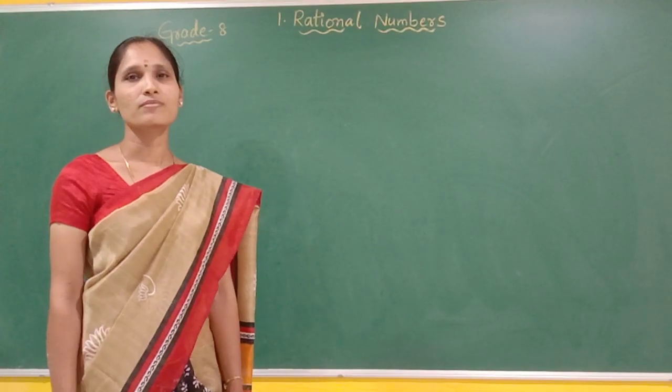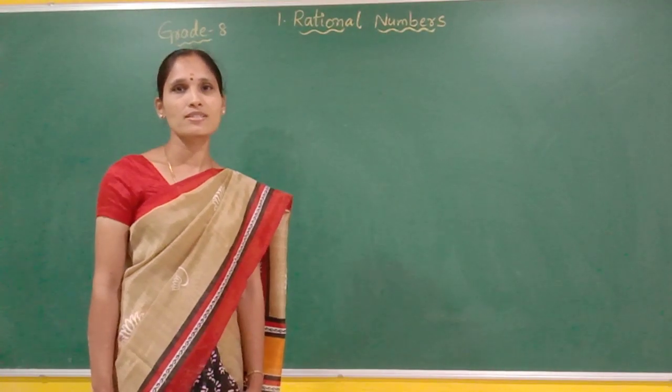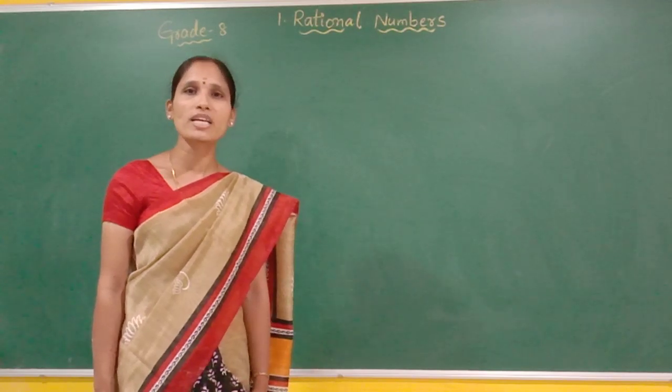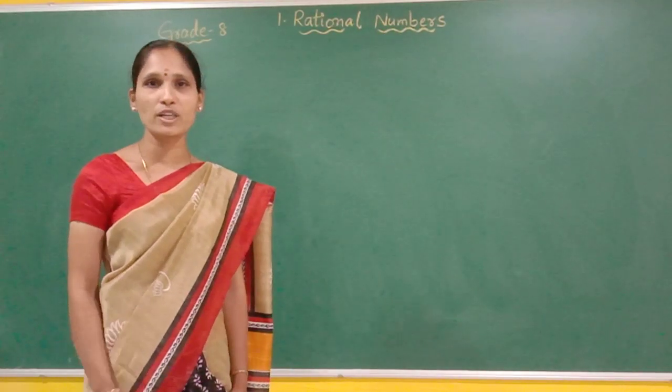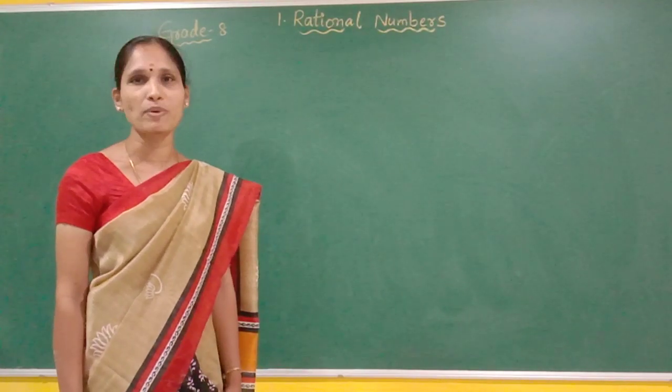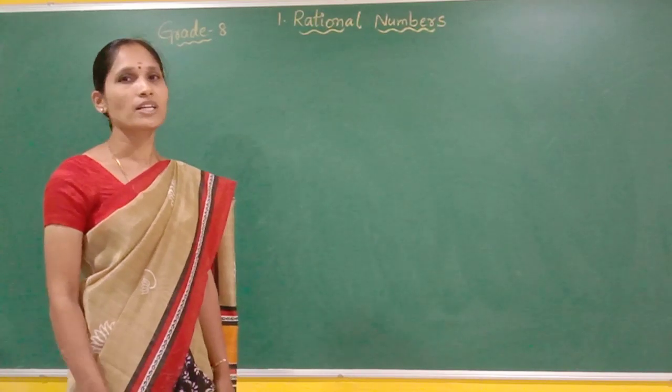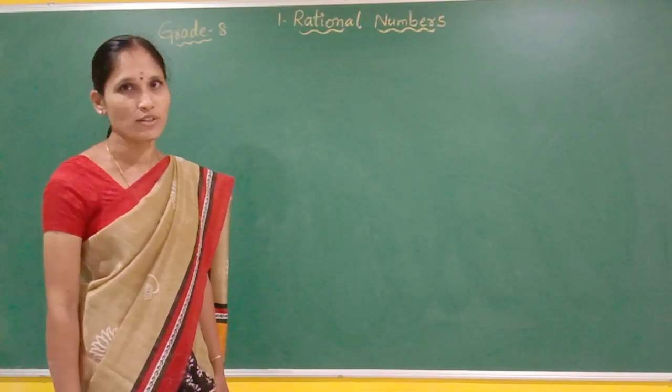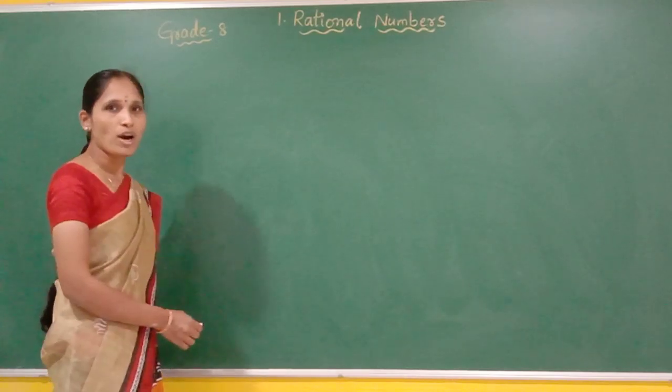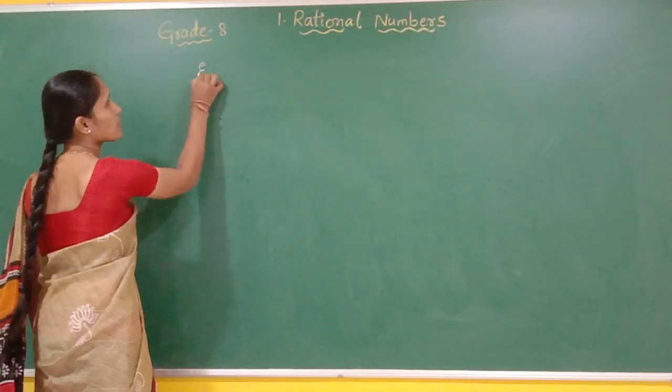Good morning. In our previous class, we discussed properties of rational numbers with respect to addition and multiplication. Let's work out an example based on this concept. I am writing the sum on the board.